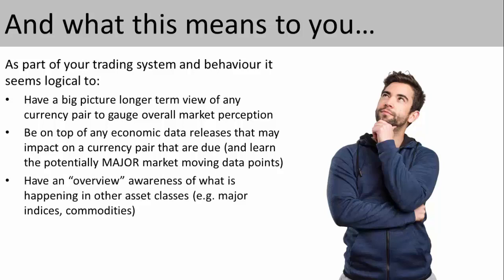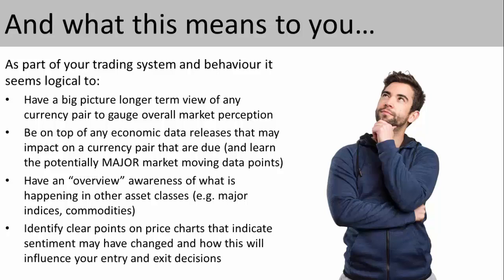Have an overview awareness of what's happening in other asset classes, such as the major indices, for example, the S&P 500 from the US, and of course the major commodities such as oil and precious metals. And identify clear points on price charts that indicate sentiment may have changed. And of course, this may influence your entry and exit decisions.